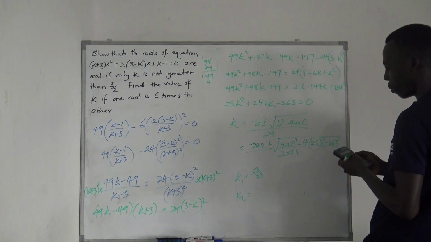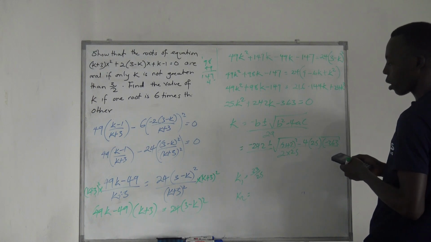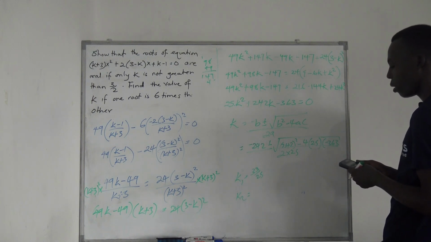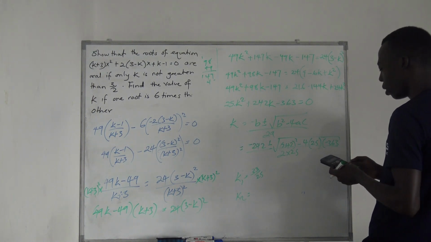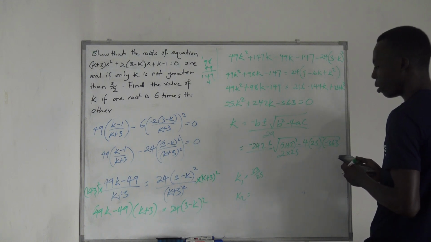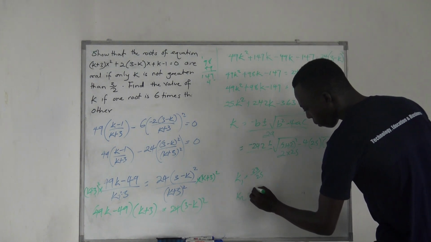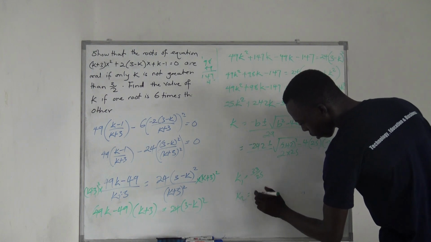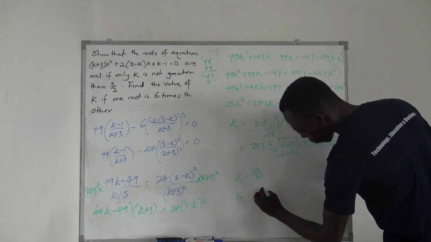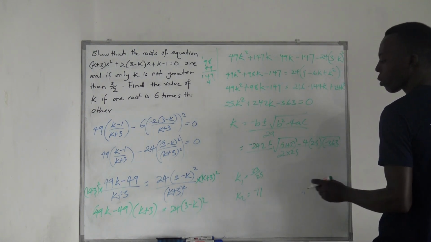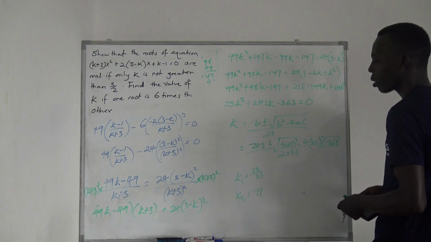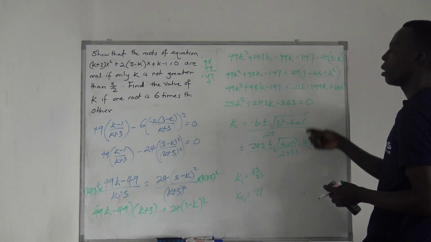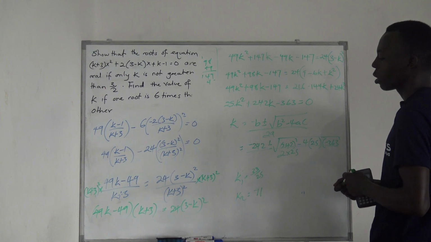So K1 is 33 out of 25, then K2 becomes negative 11. So those are the answers which we shall get after dealing with this equation.